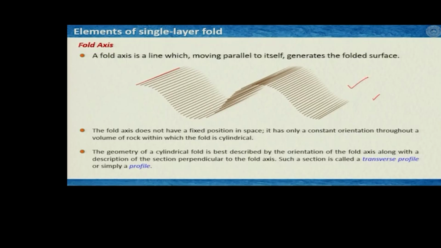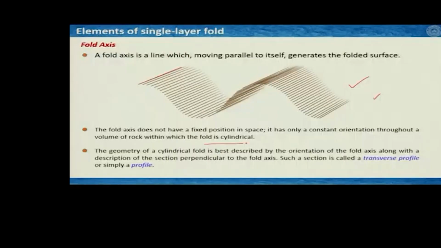Now, from this illustration and whatever we have discussed about the fold axis, I hope you can understand that the fold axis is not a material line, and it is not a fixed position in space. It is a direction with a constant orientation, and this is valid for a particular type of fold.